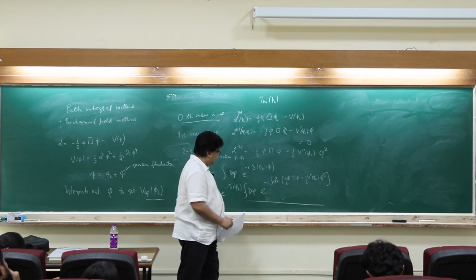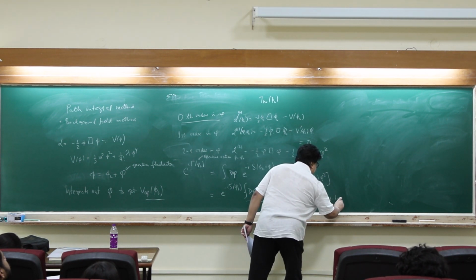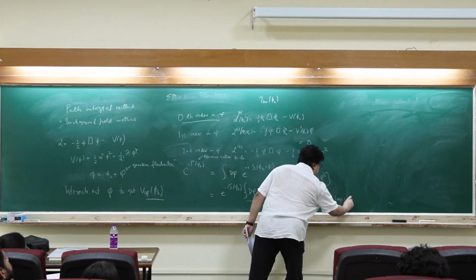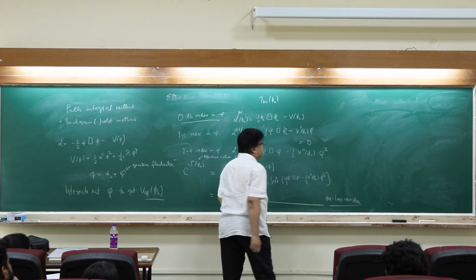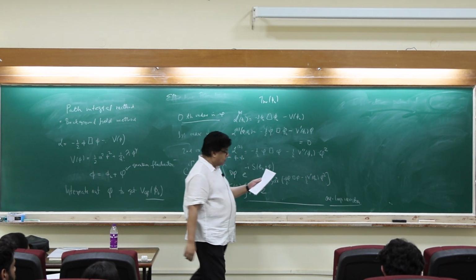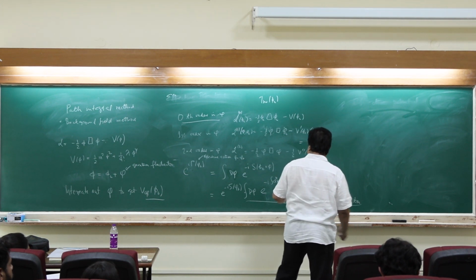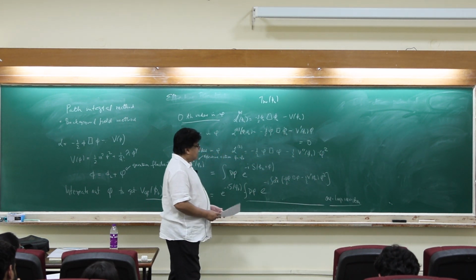So this will give me one loop. Okay. So you can see that this is a quadratic in phi and you are integrating over phi.